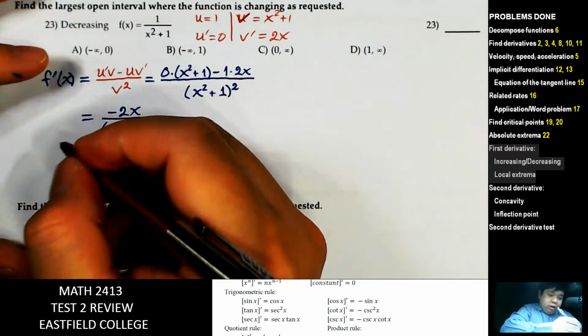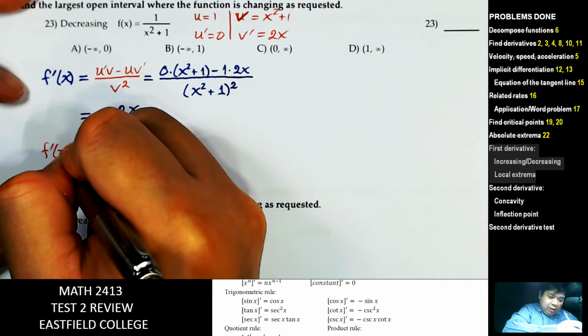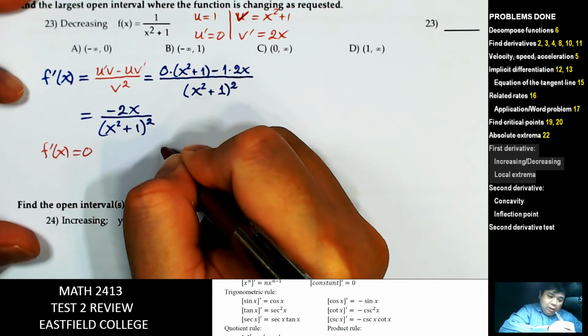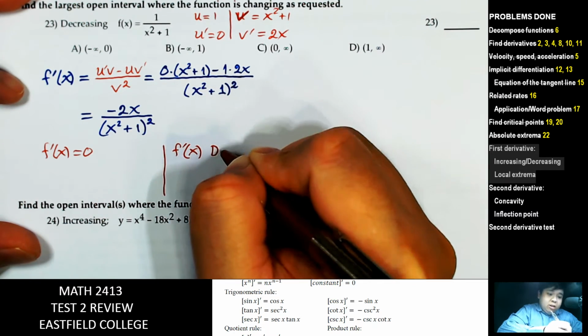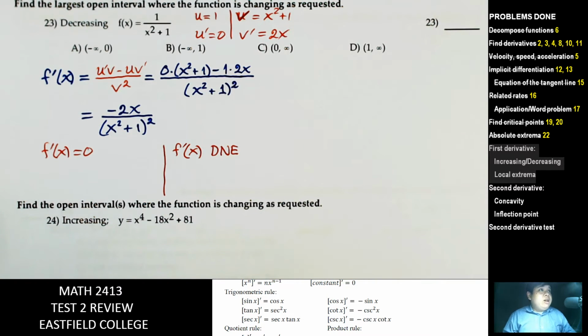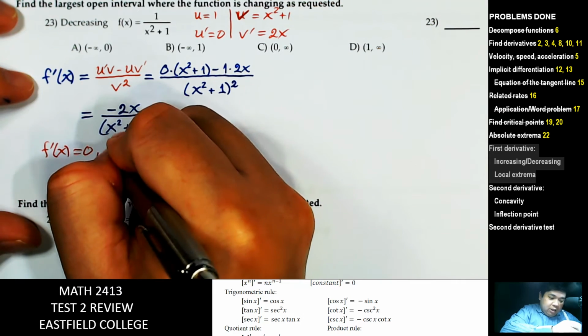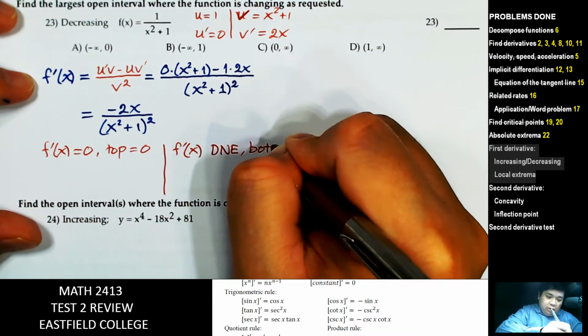And now we do two things: equal to 0, and does not exist. You will see we do a lot of this. Equal to 0 means the top is 0, and does not exist means the bottom is 0.